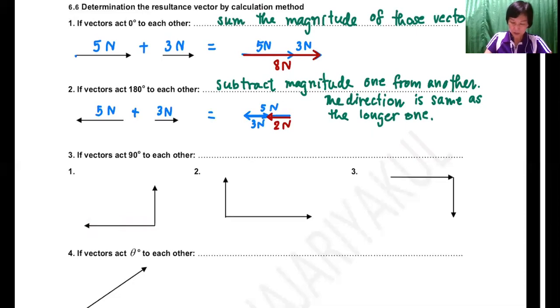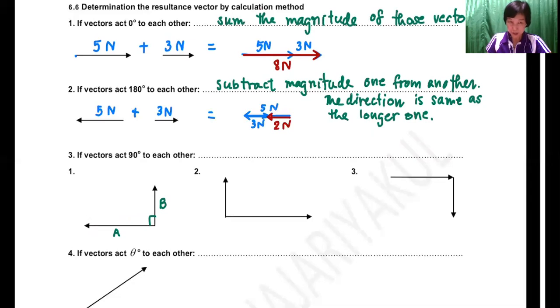I will suppose the first vector that points to the left has a magnitude a, and this vector's magnitude is b. How much is the resultant between these two vectors? Because they are perpendicular to each other.